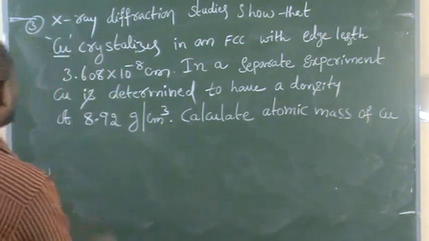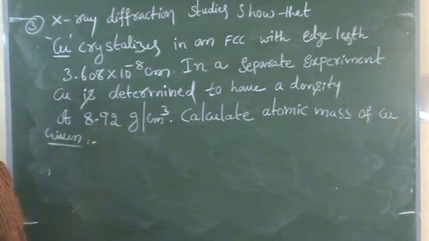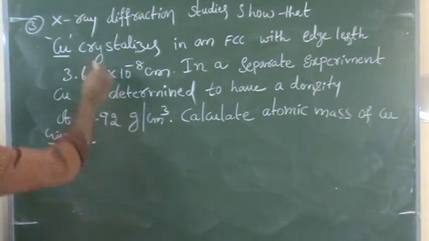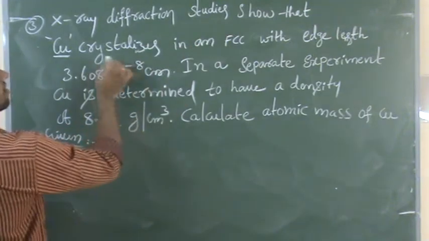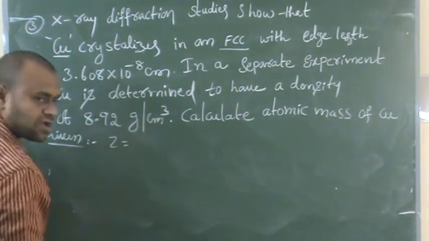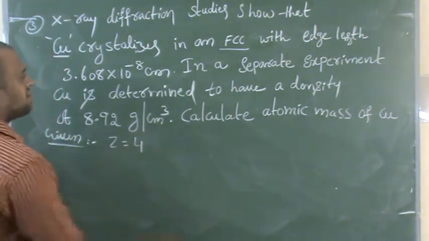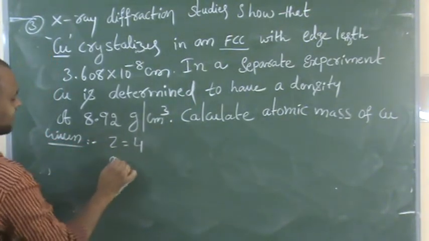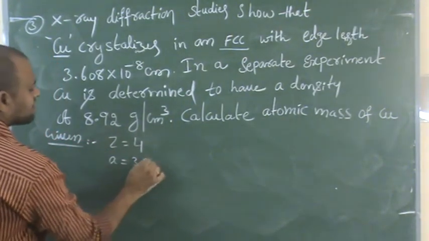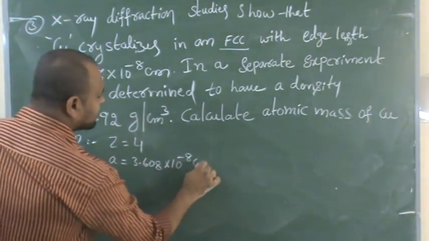Okay. First of all, write down what they had given. X-ray diffraction studies show that copper crystallizes in FCC. FCC means Z is equals to how much? FCC means how many particles? 4 particles. With the edge length 3.608 into 10 to the power of minus 8 centimeters.